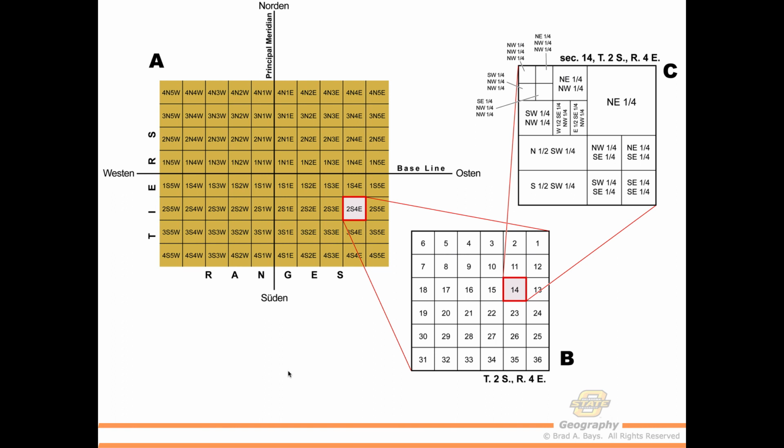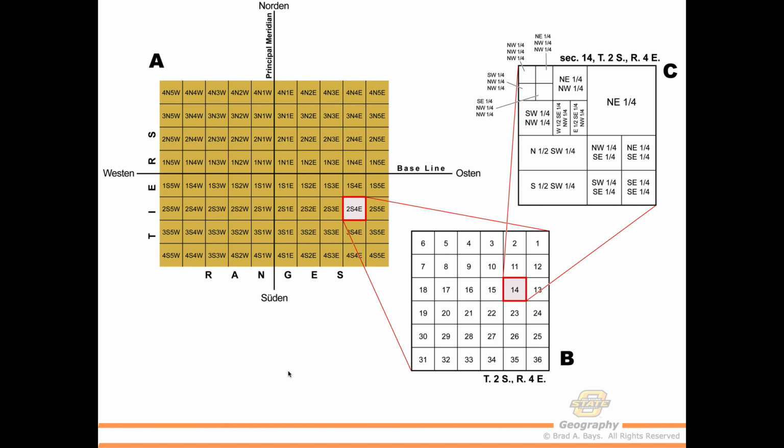What would two quarters of a quarter be? This would be 10 and 10, so this would be 20, right? So 20 and 20 is 40. Okay, good. All right. So this is a way of looking at land.